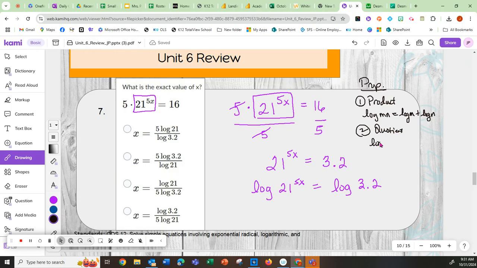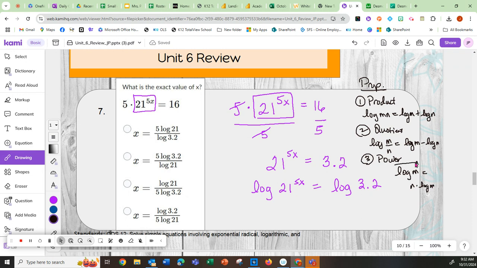If we have log of m divided by n, then we can rewrite that as log of m minus log of n. And then finally we have the power property, and that tells us if we have log of m to the n power, that we can rewrite that as n times log of m.